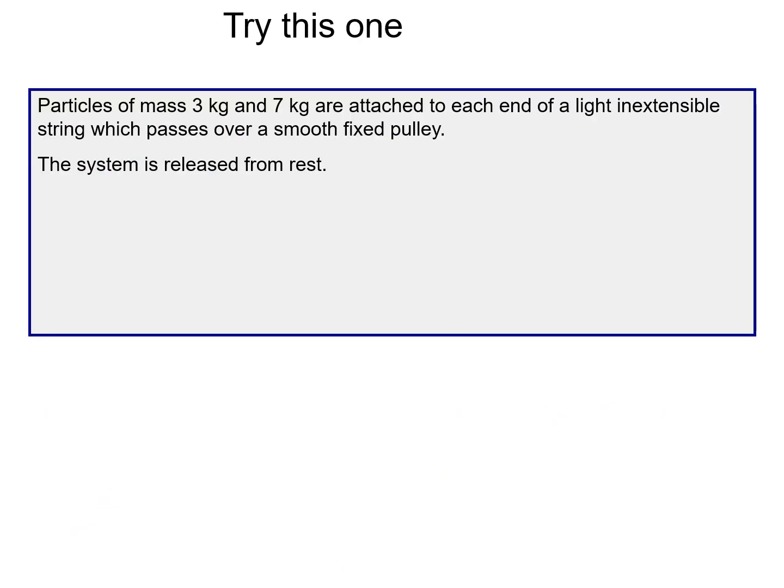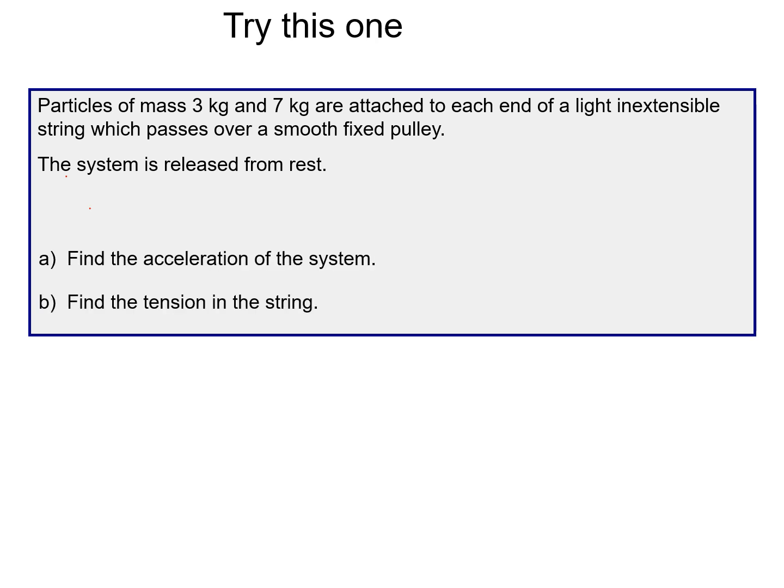Right, try this one. Particles of mass 3 kilograms and 7 kilograms are attached to each end of a light, inextensible string which passes over a smooth pulley. The system is released from rest. Find the acceleration of the system and find the tension of the string.